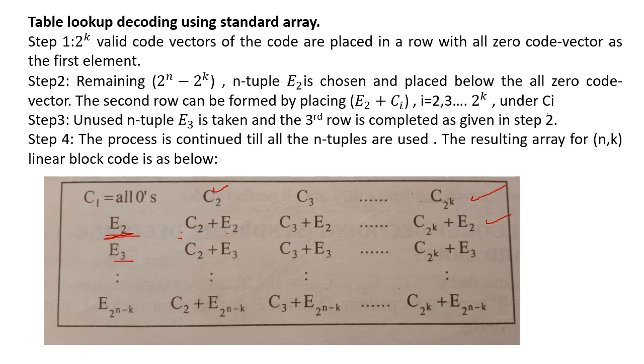For the third row, again we define the error E3 and XOR it with the valid code vector, that is C2 plus E3, and continue the third row. Similarly, this process continues till all the possible code vectors are filled in the table.